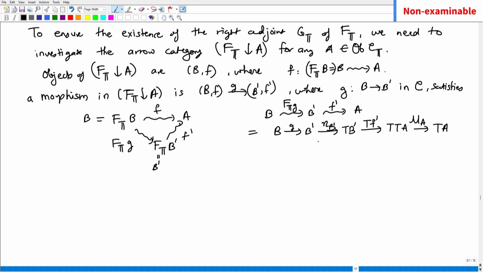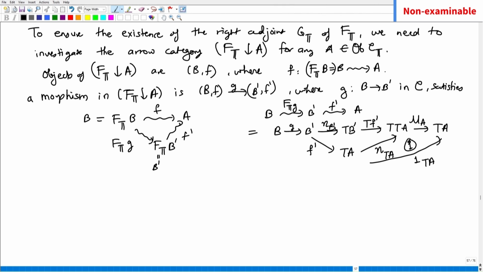This is eta sub B prime, this can go to TA, and this will be eta sub TA, and this will be F prime. Okay, and then eta sub TA followed by mu sub A, that is 1 sub TA, and this is property 2.1.